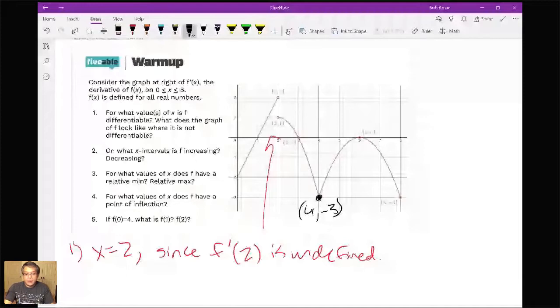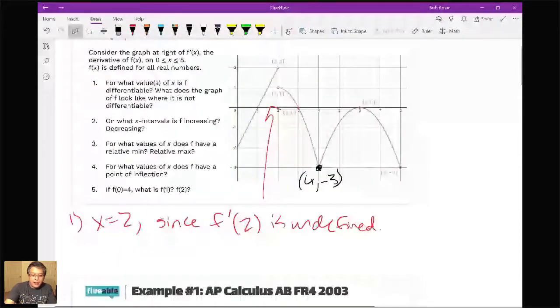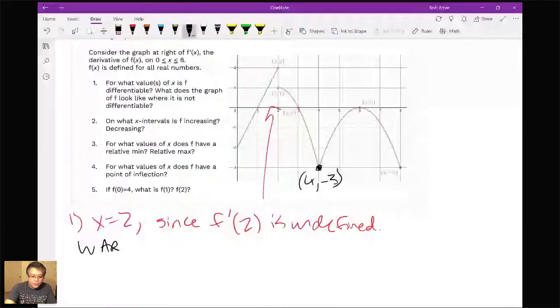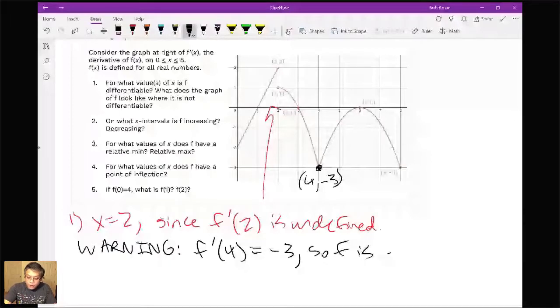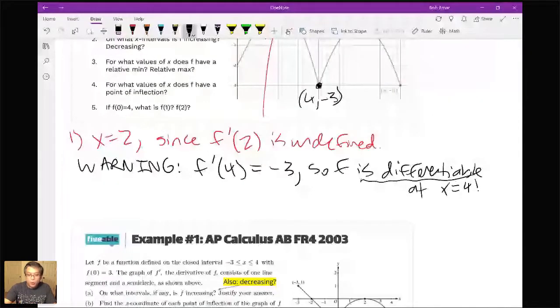Okay. So this is one of my things that people get fooled by all the time. f prime of 4 equals -3. So f is differentiable at x equals 4. What's not differentiable is f prime.